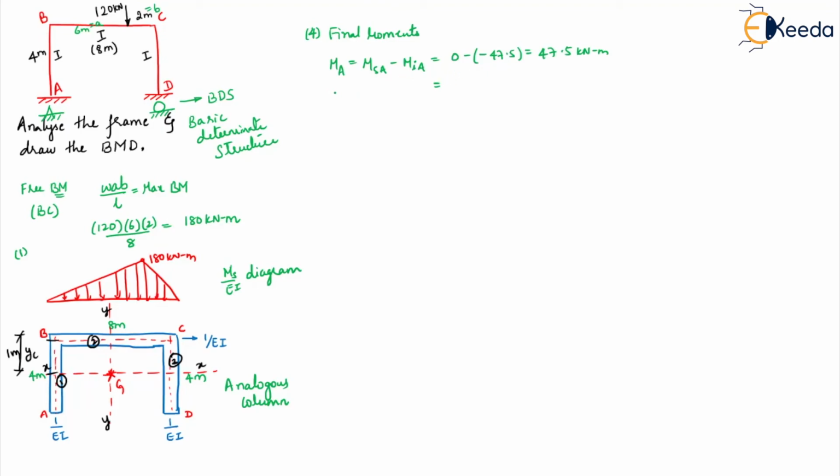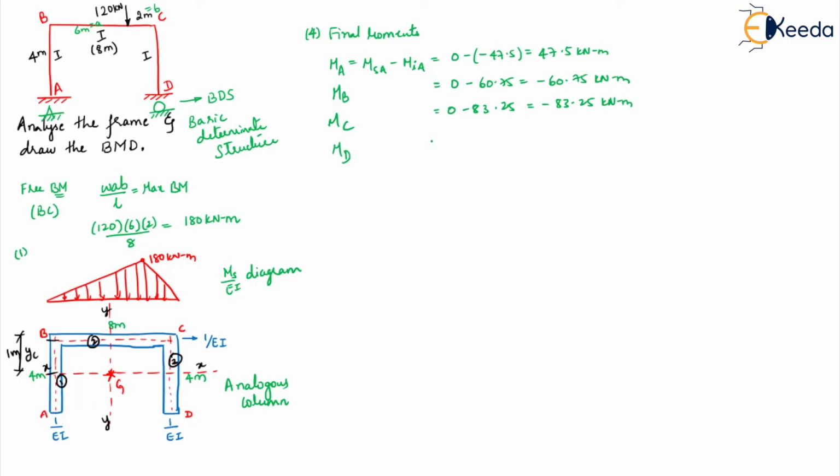Okay, and MB again it will be 0 minus 60.75, that's minus 60.75 kilonewton meter. Then your MC again 0 minus 83.25, that's minus 83.25 kilonewton meter.